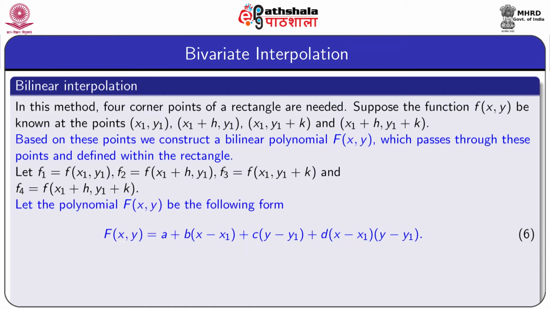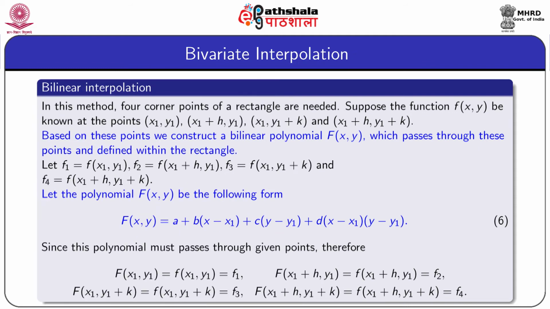Let the polynomial capital F(x, y) be of the following form: capital F(x, y) equal to a plus b into (x minus x1) plus c into (y minus y1) plus d into (x minus x1) into (y minus y1). Note that polynomial 6 is a surface in 3-dimensional space. Now our problem is to find the values of a, b, c and d.